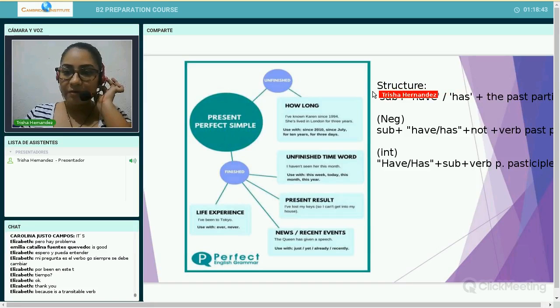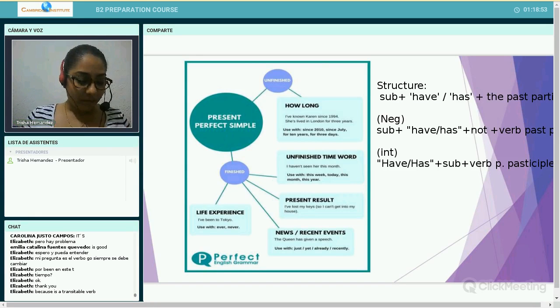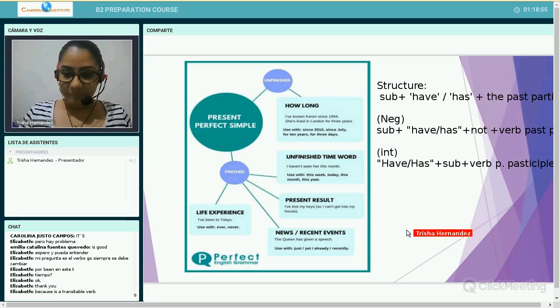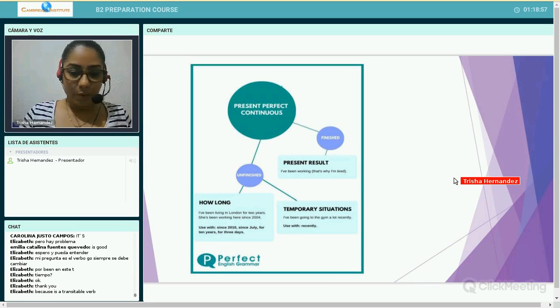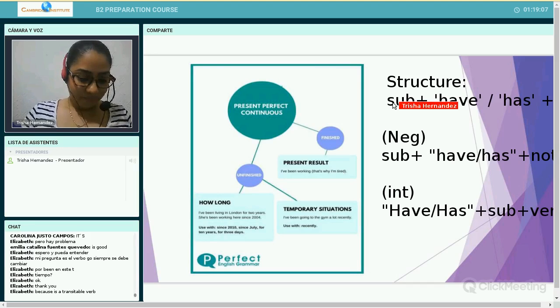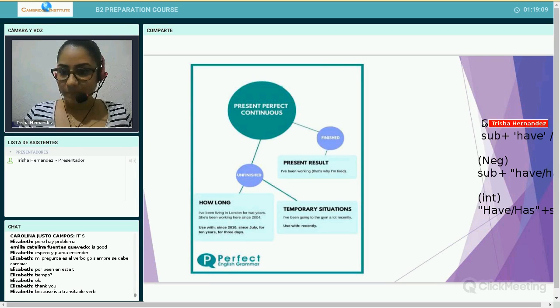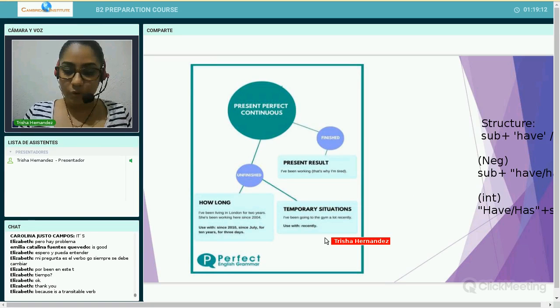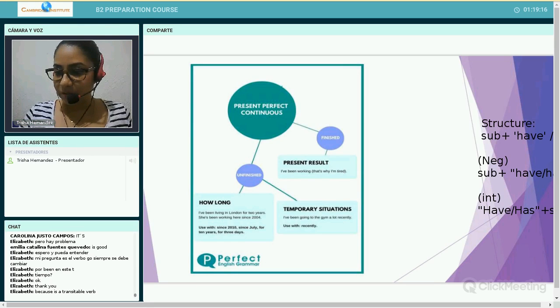But can you tell me the difference between present simple and present perfect simple or present perfect and present perfect continuous? Who knows the difference? Who knows this structure?